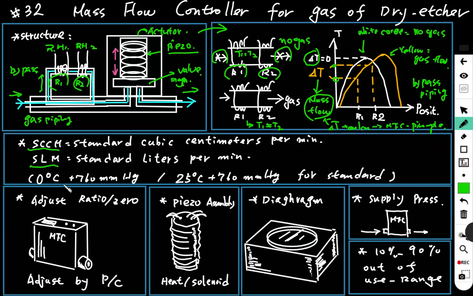The standard means that the SCCM mass flow could be referenced at 0 degrees and 1 atmosphere. Some standards are 25 degrees and 1 atmosphere. Different countries may use different standards.